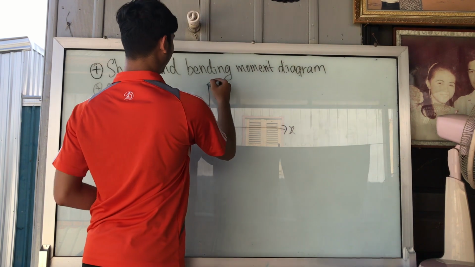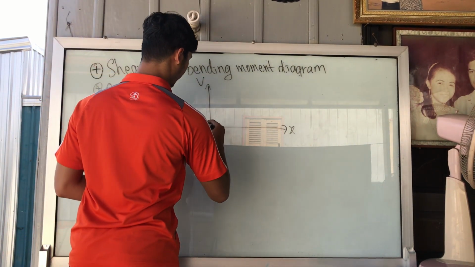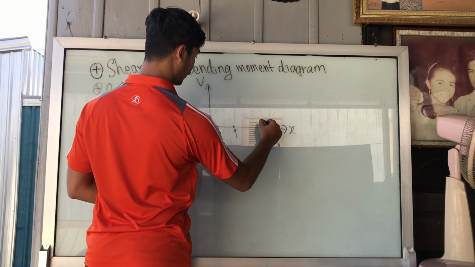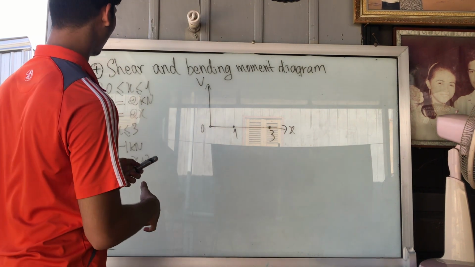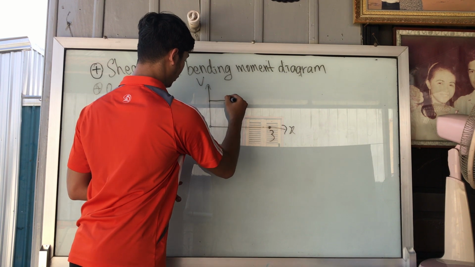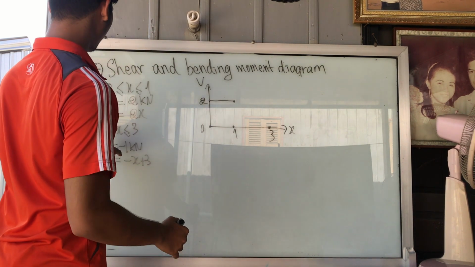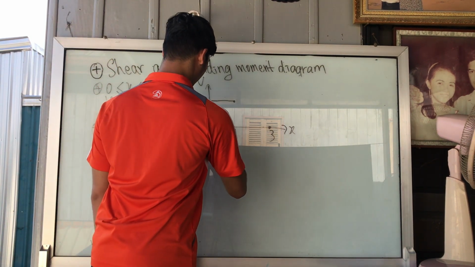Okay, so let's draw the shear diagram. X, and this is V, then x from 0 to 1 and 1 to 3. From 0 to 1, V is 2. And then from 1 to 3, V drops by 3, from 2 to minus 1.